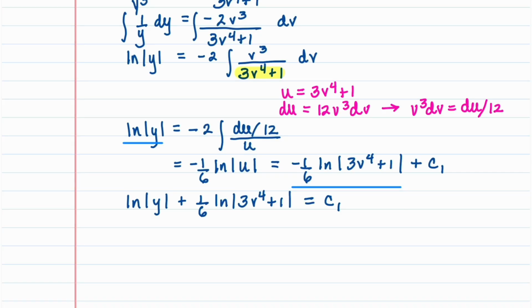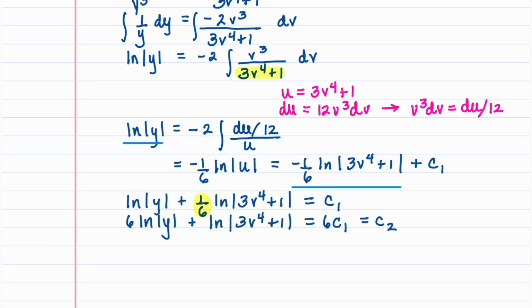In order to combine the logarithms, we need to move our constant inside the natural log. I would prefer to raise a term to the 6th power rather than the 1/6 power, so I'm actually going to multiply each term in our equation by 6. We have 6 ln absolute y plus ln absolute 3v to the fourth plus 1 is equal to 6c1, and let's just call that c2.